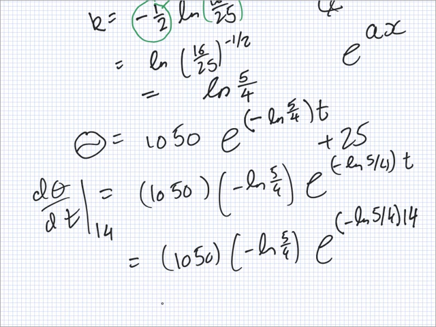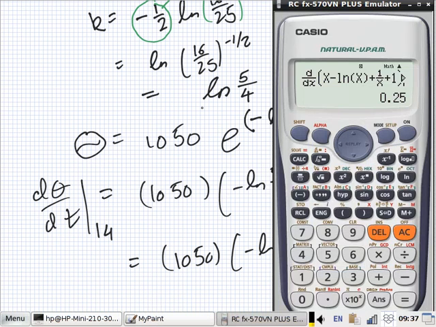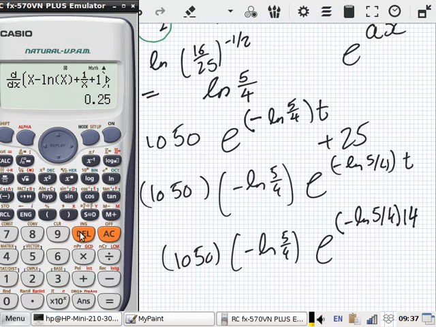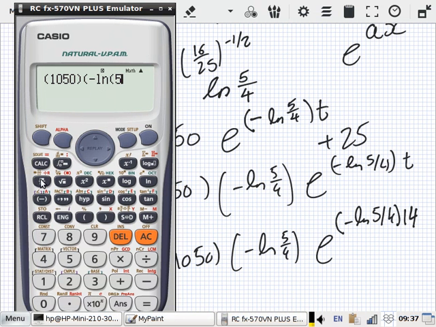Right, so we'll need to type that in if you don't mind. I can type it in too, actually. 1050 minus ln 5 over 4 e power minus bracket ln 5 over 4 close times 14.